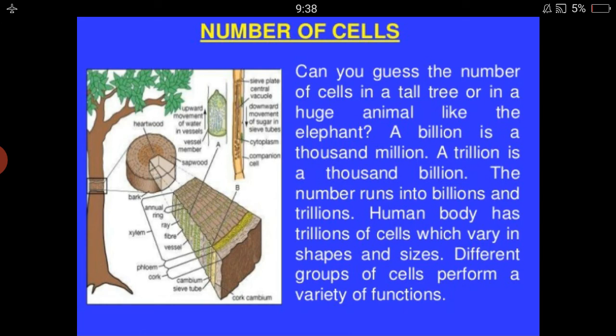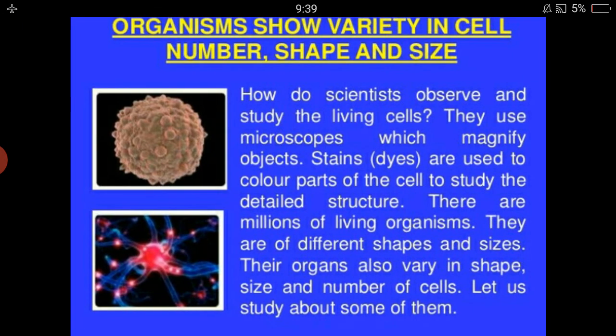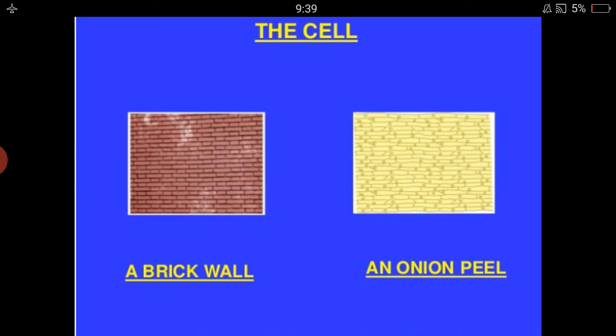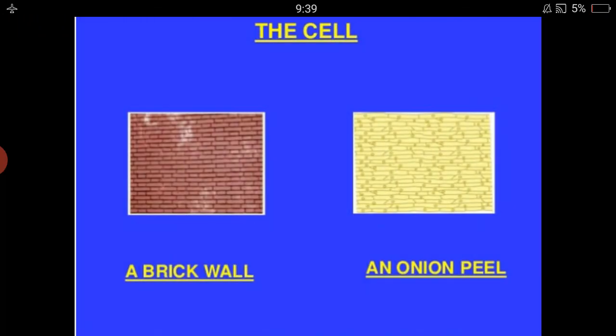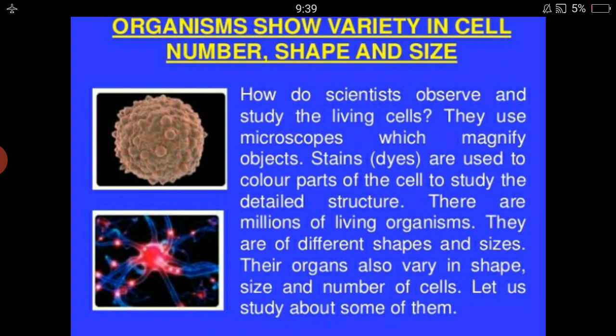So today we talked about the discovery of cells. Next, organisms show variety in cell shape and size, and we compared a brick wall to an iron pillar to understand the structure of the cell.